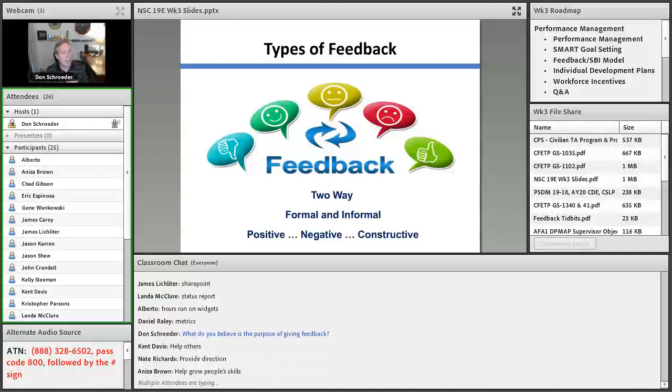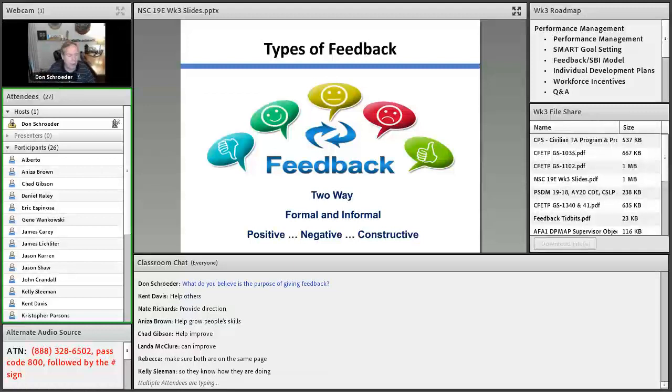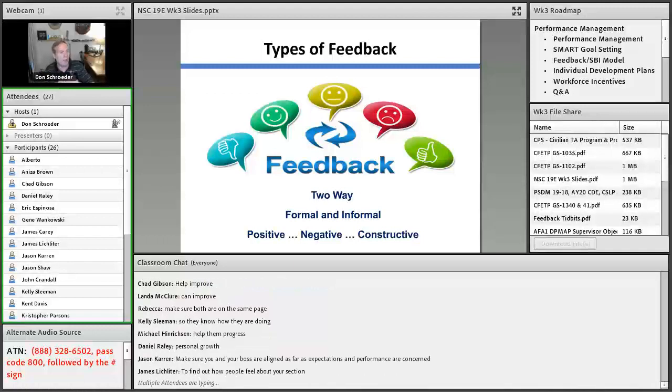Good, Kent. Yeah, to help others, provide direction, help them grow. Great. Yeah, because if we're going to do the rating later down the line, if they're making some mistakes here, let's get them corrected before it becomes the rating time frame as well. Making sure both are on the same page. Good. So they know how they're doing, help them progress, personal growth, find out how you feel about your section. Okay, good. Make sure you and your boss are aligned. That's a good point.